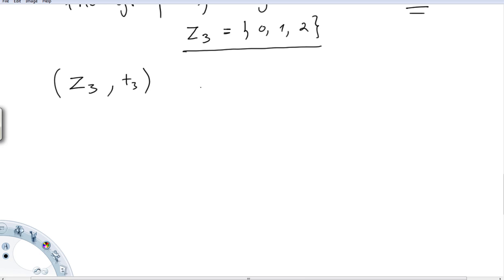So for instance, 1 plus 1 equals 2, 1 plus 2 equals 3, but you're adding modulo 3, so this will be 0. 1 plus 3 equals 4, but you're adding modulo 3, so this will be 1. Etc. I definitely will get to this, and we are going to talk about this a lot in other videos.